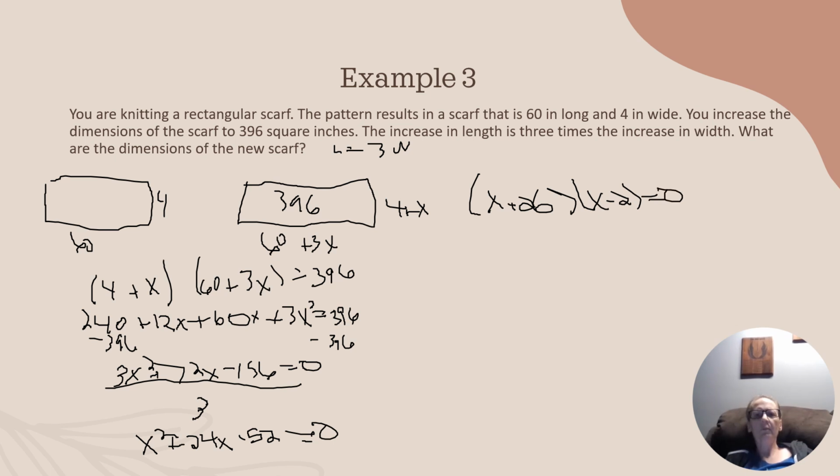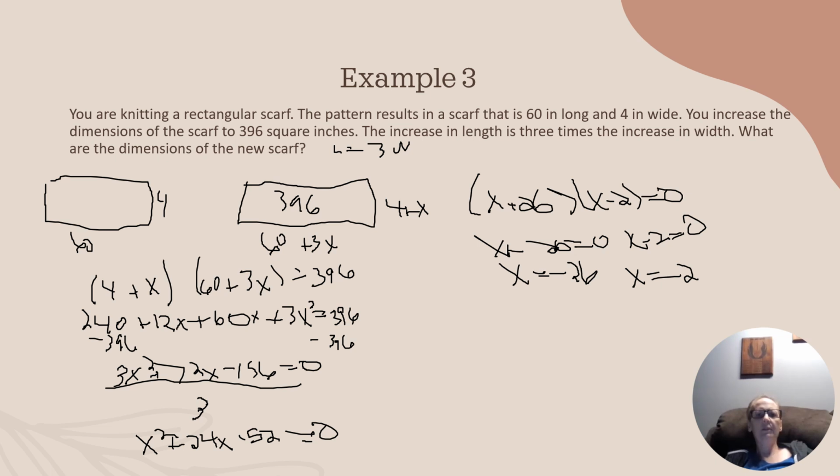So if we set both factors equal to 0, we get x is negative 26, which is obviously not correct. You can't increase something by a negative length, and you get x equals 2.